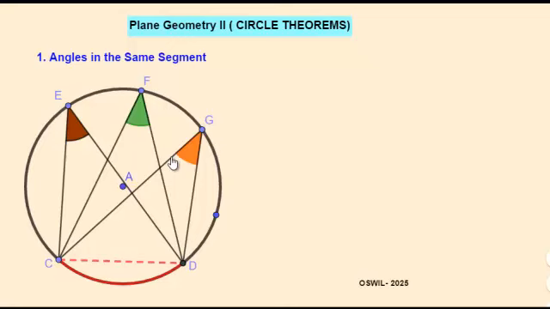Now, we are going to find out if we place one of the angles on the rest, they would be equal or not. So let's see what happens. I am using GeoGebra. So look at how angle CED is placed on the rest of the angles.